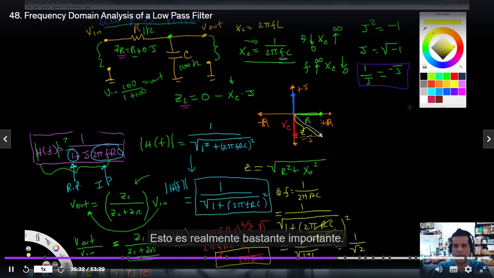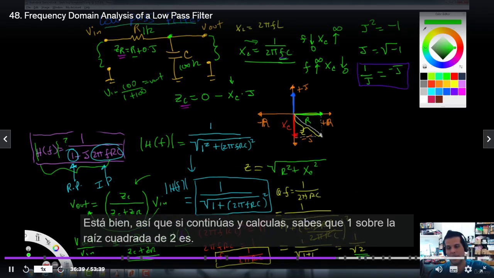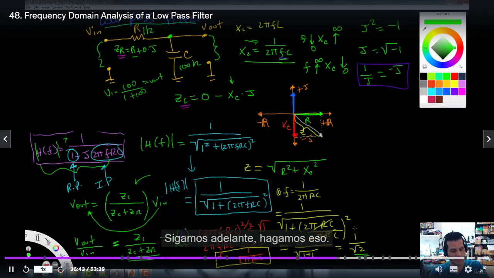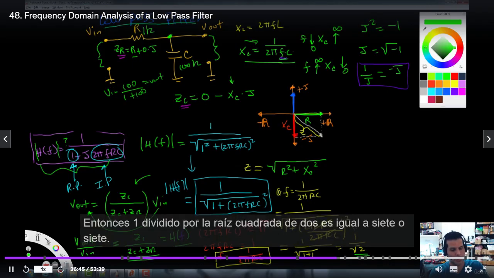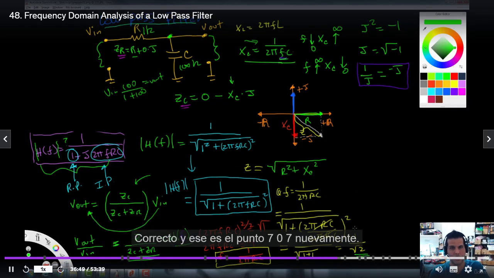All right, this is actually quite important, so let's take a second here. 1 over the square root of 2. If you go ahead and compute what 1 over the square root of 2 is, 1 divided by the square root of 2 equals 0.707. And that's that 0.707 again. So in other words, roughly 70%.